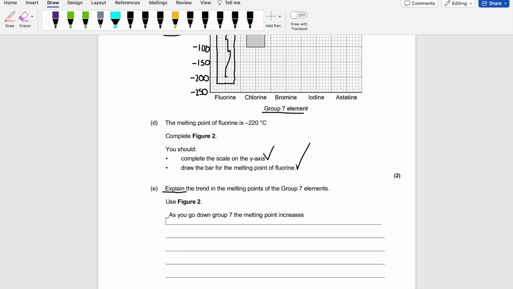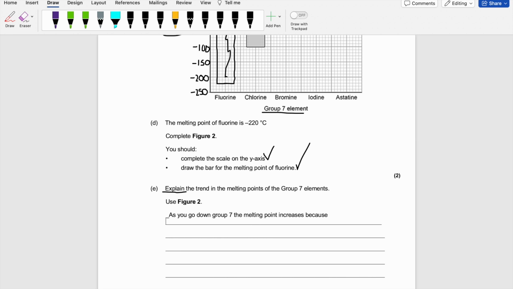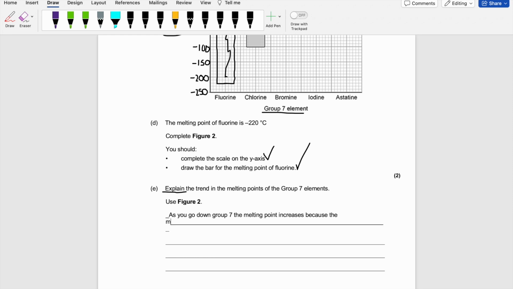And always, near enough, always for an explain question, we need this word in it, because this means we're going to be writing some science to tell me why something's happened. So as you go down group 7, the melting point increases because the molecule gets larger.